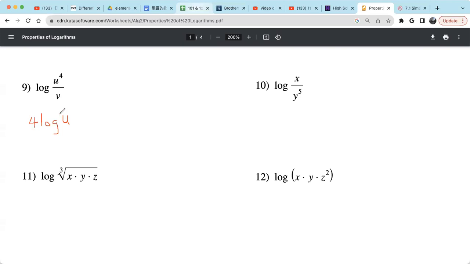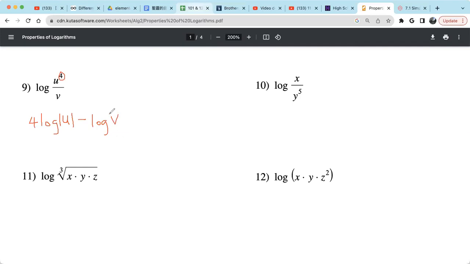And sometimes we want to force the variables, if we're dealing with the variables, we want to force it to be positive. So we put an absolute value sign around it. The minus, and this 4 has nothing to do with v, right? So this 4 is just for before the log for u. And for log v, just log v. There's no 4, so we don't need parentheses for this.